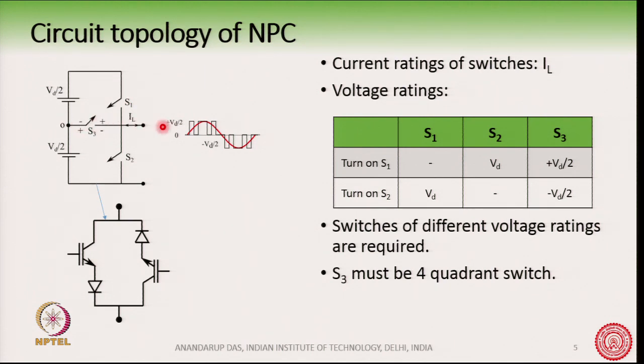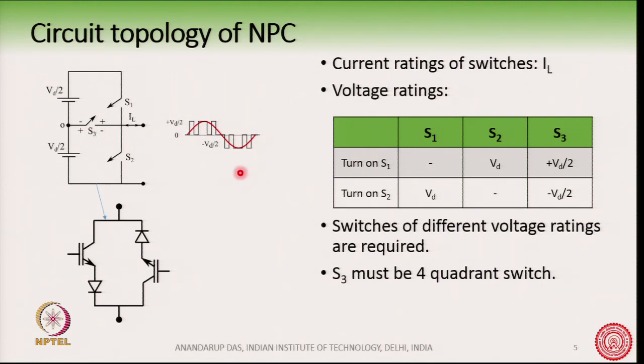On the other hand, if I turn on S2, then the minus terminal of this DC source comes here, and so the voltage rating of S3 has to be Vd by 2 like before. However, the minus terminal comes here, so it has to block such a voltage, right.